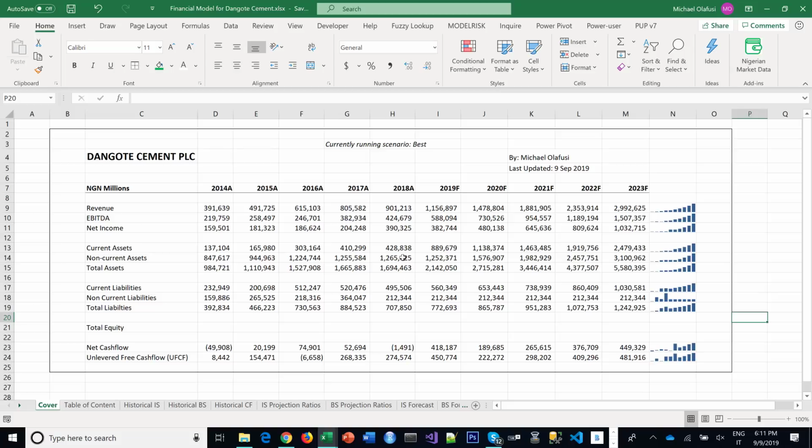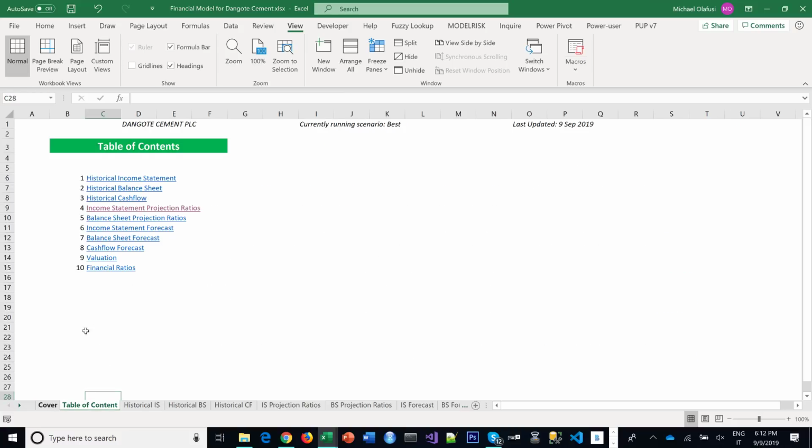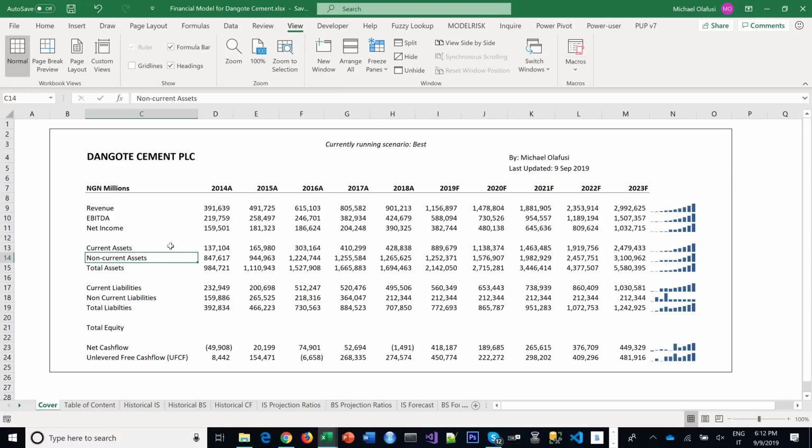And what other thing will be nice to put? So at the end, like I told us, I like to turn off the grid lines. And you see, this looks really cool.